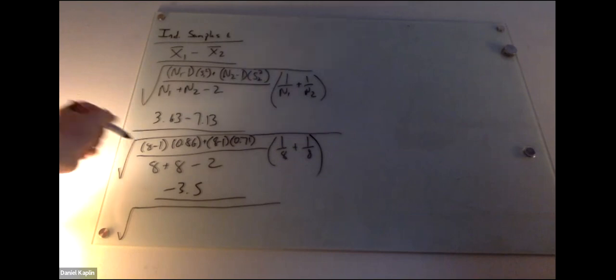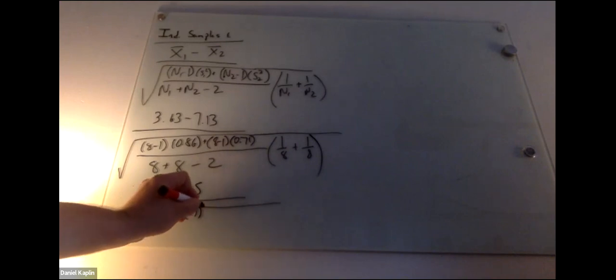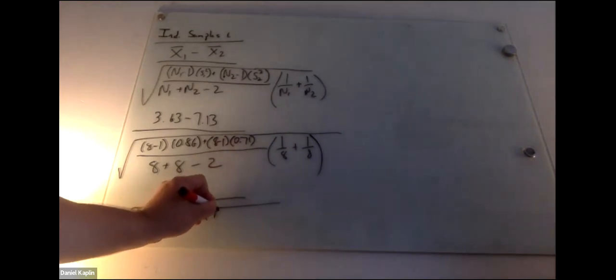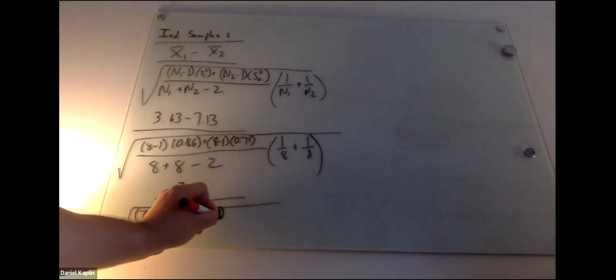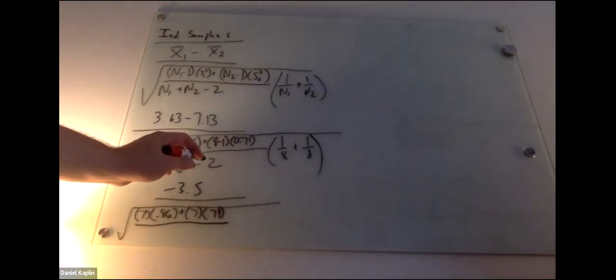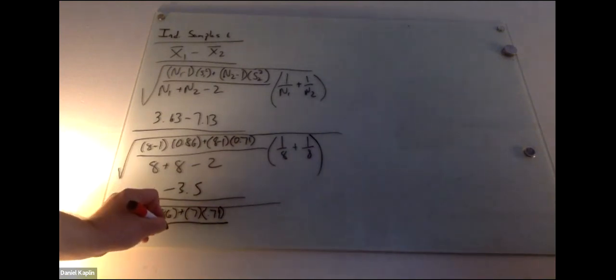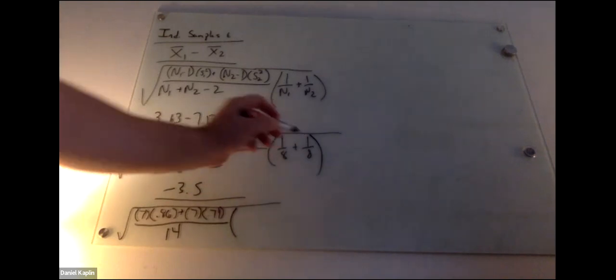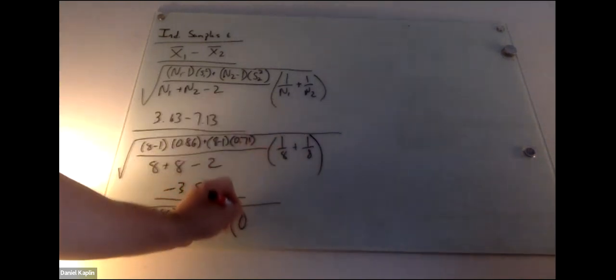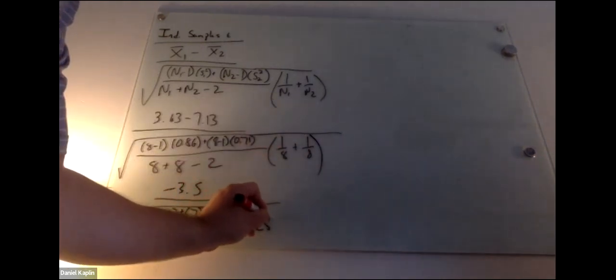What's 8 minus 1? We're going to do 7 times 0.86 plus 7 times 0.71, divided by 8 plus 8 is 16 minus 2 is 14, times 1/8 plus 1/8 is 2/8, which simplifies to 1/4.